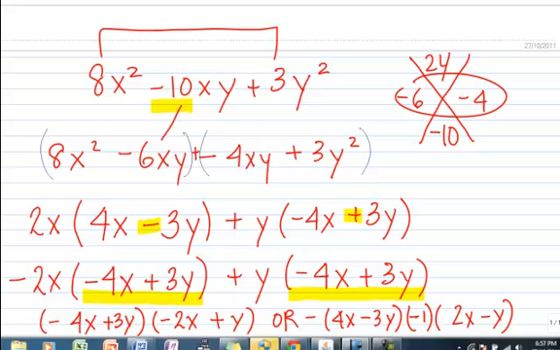So that also works too, but you can see that a negative 1 times a negative 1, they actually cancel each other out. So we get 4x minus 3y times 2x minus y. Actually, both of the answers are correct because I'm just playing around with the negative signs. So I hope you understand a little bit better how to factor when the coefficient in front of the x squared term is not 1.